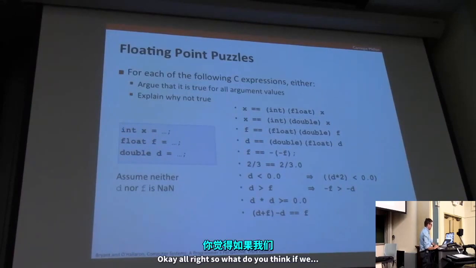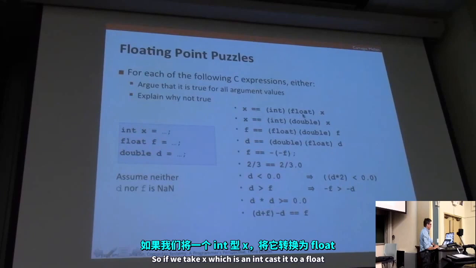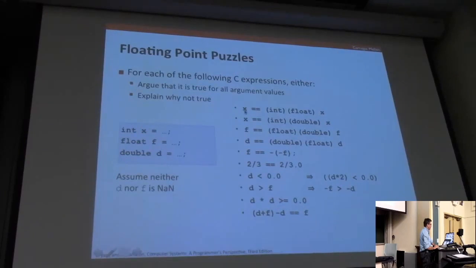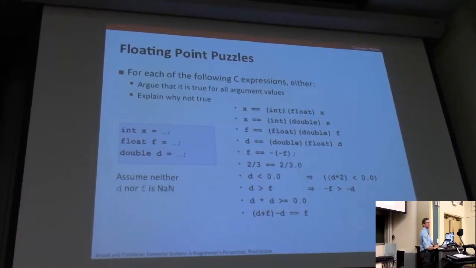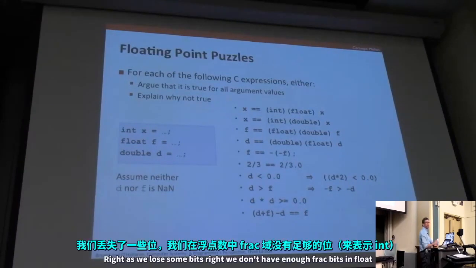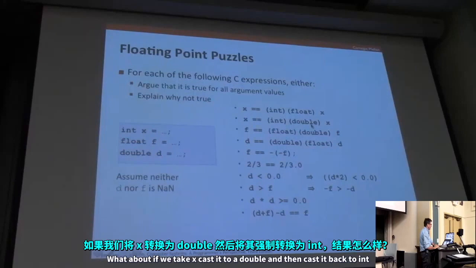All right, so what do you think? If we take x, which is an int, cast it to a float, and then cast that back to an int, will that always be equal to x? No, because we lose some bits. We don't have enough frac bits in float. What about if we take x, cast it to a double, and then cast it back to int?